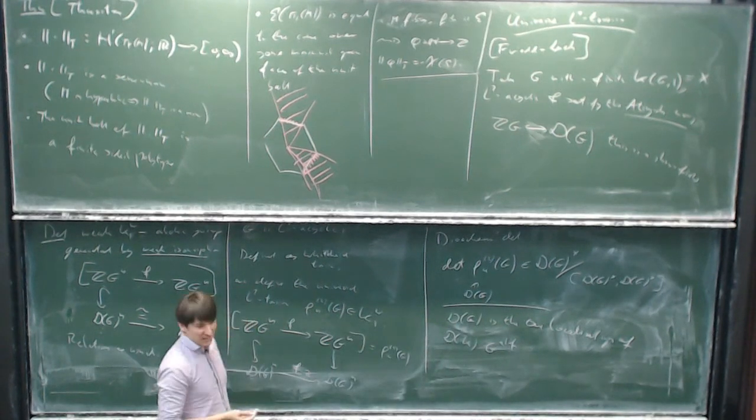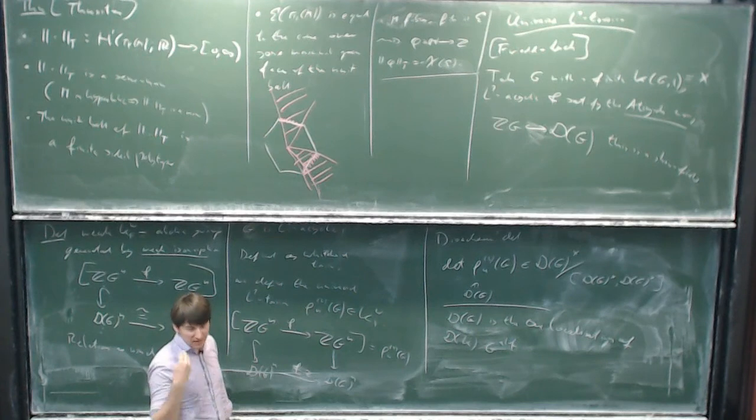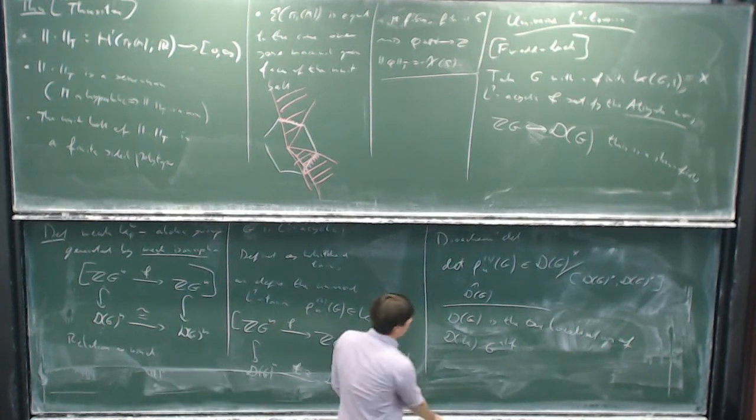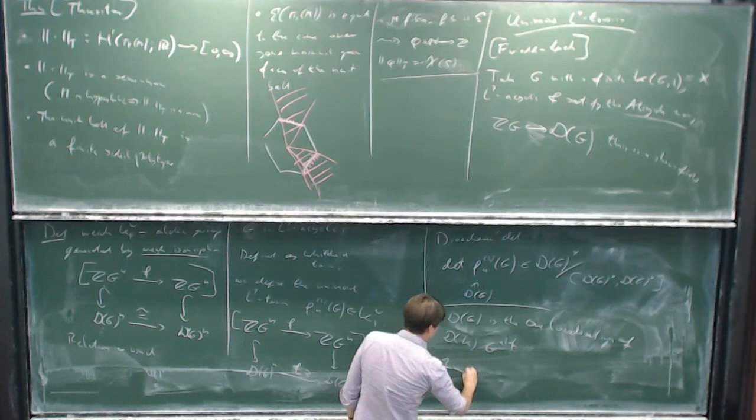G up is the abelianization of G. F stands for free, so you threw away all the torsion. So G up F is the largest free abelian quotient of G, and K is the kernel. So we have the exact sequence like that.